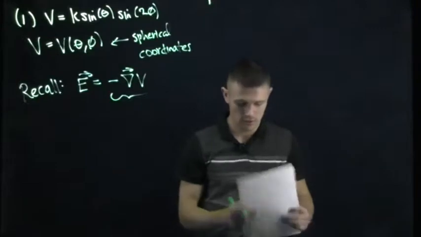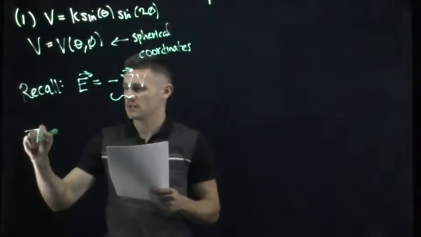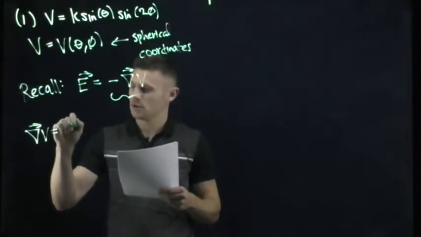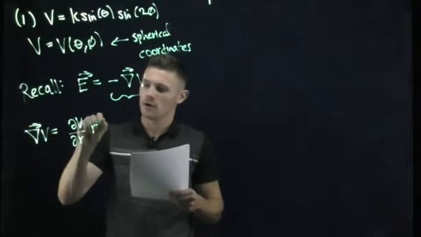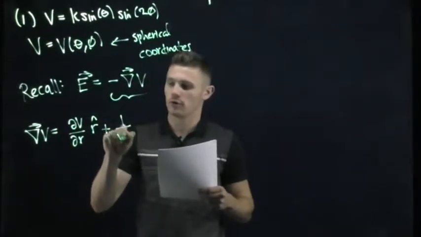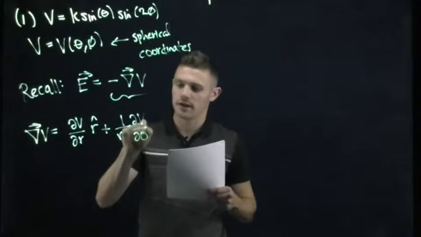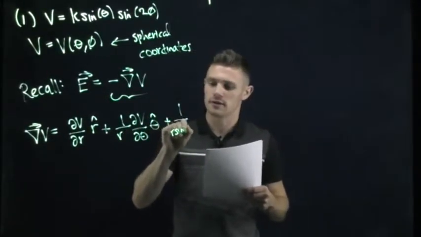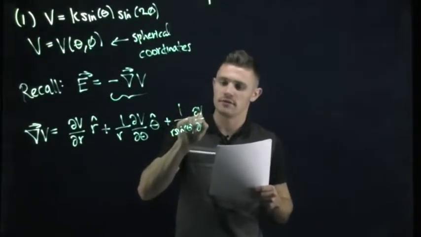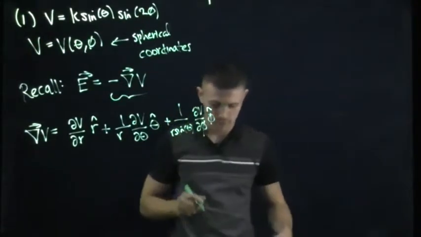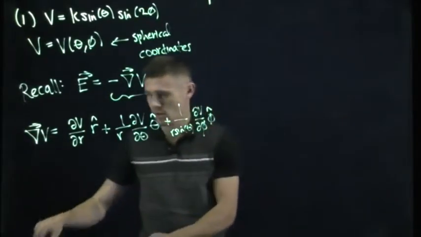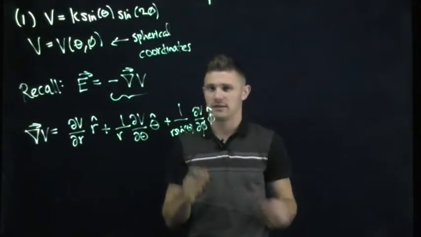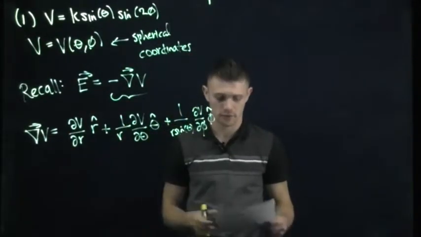From our formula sheet, which is on the back of the midterm, we can see that the gradient of V is simply dV by dr, r hat, plus 1 over r dV by d theta, theta hat, plus 1 over r sine theta dV by d phi, phi hat. I'll switch markers here because this one's kind of dying. And once again, this 1 over r and the 1 over r sine theta are the scaling factors that come about with the gradient in spherical coordinates.